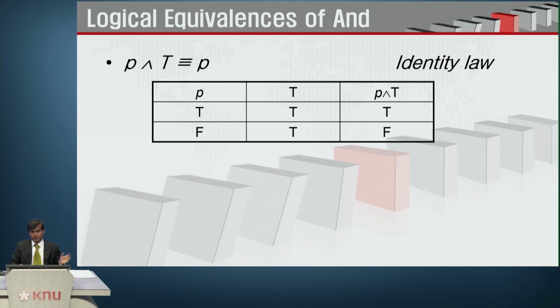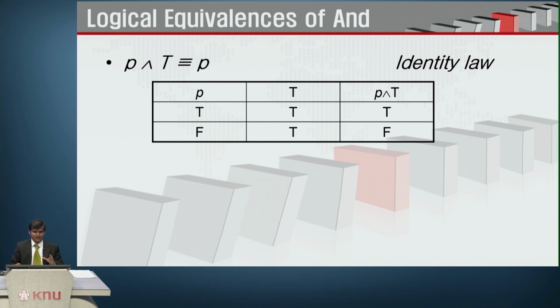If P is true, the output is true. If P is false, the output is false. So I just want to get clear with this idea of logical equivalence of AND for the identity law and the logical equivalence of OR for identity law. They are quite different.